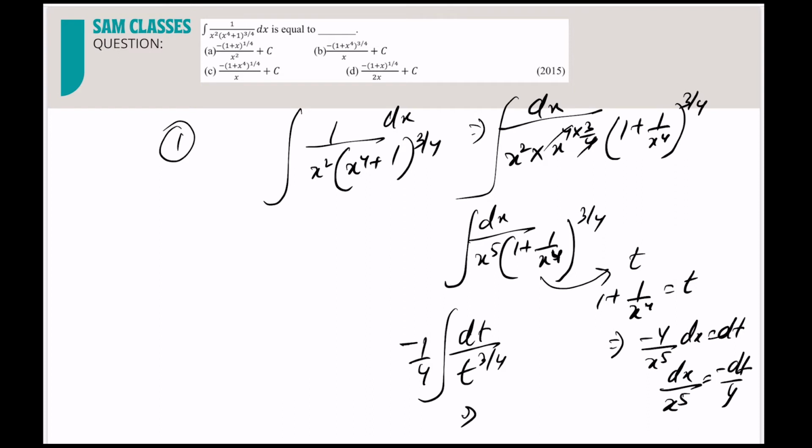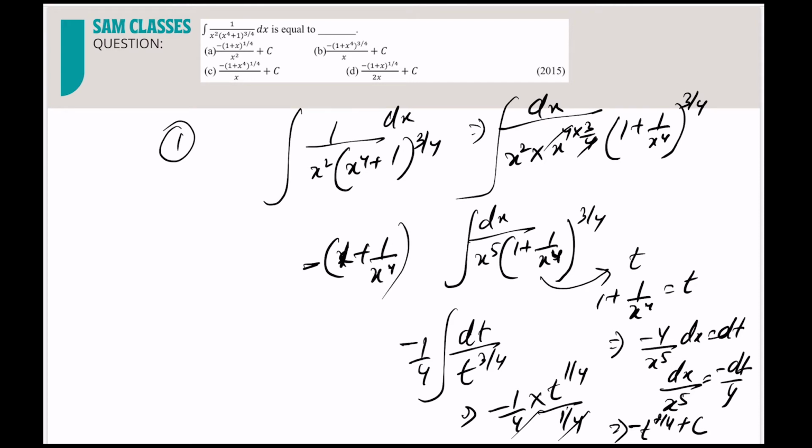So solve it. You'll get minus 1 by 4 into t power 1 by 4 by 1 by 4. So this and this will be cancelled. It will be minus t power 1 by 4 plus c. So if you put the value, you get minus of 1 plus 1 by x power 4, whole power 1 by 4, plus c.